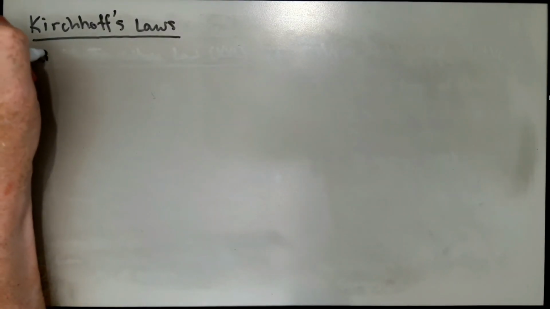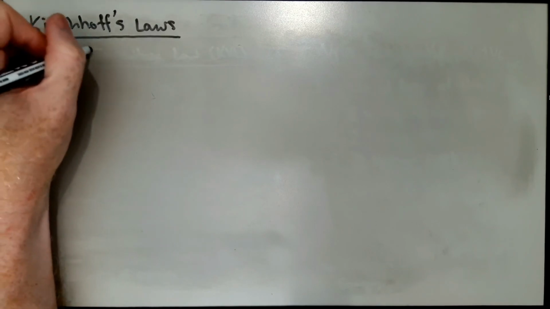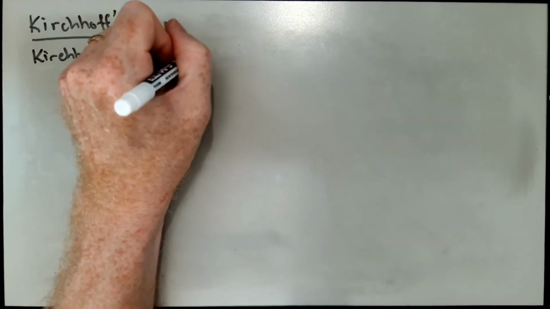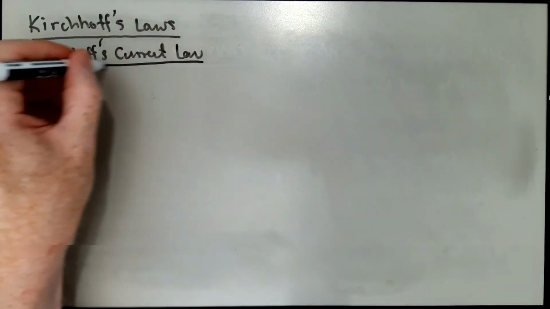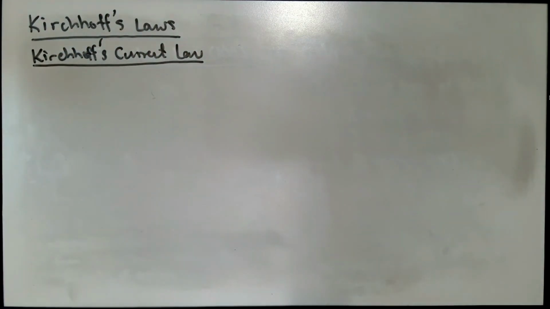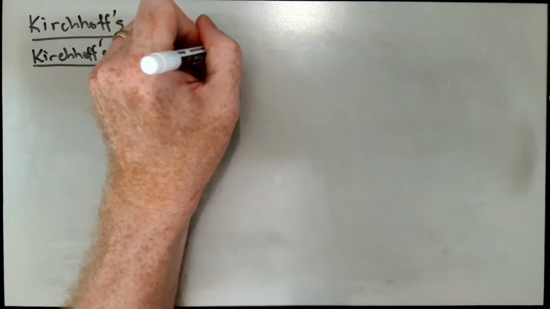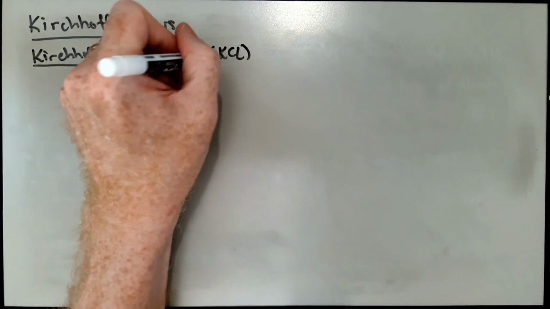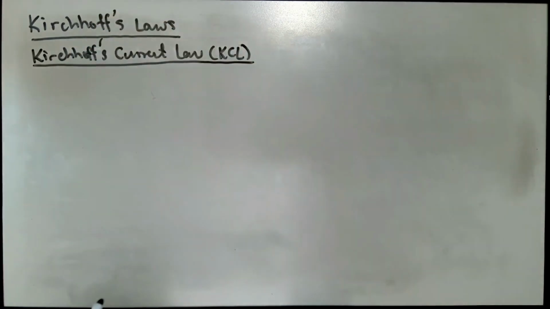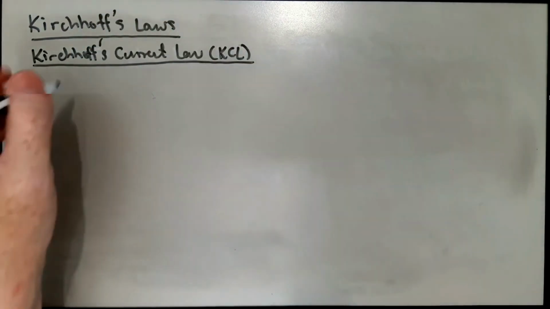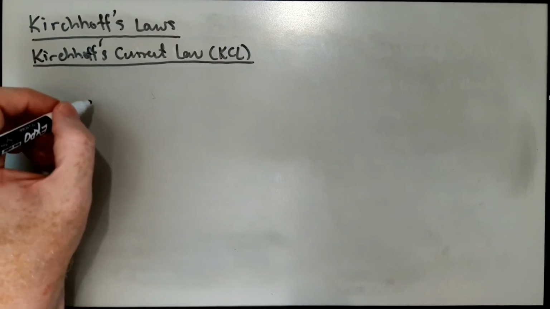So the second Kirchhoff law we're going to talk about is Kirchhoff's Current Law. Kirchhoff's Current Law, instead of holding around a loop in the circuit, is denoted by KCL. This is a concept that holds at a node in the circuit, so a junction of elements.